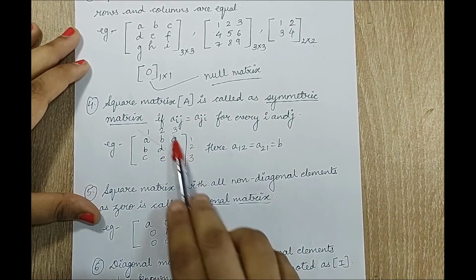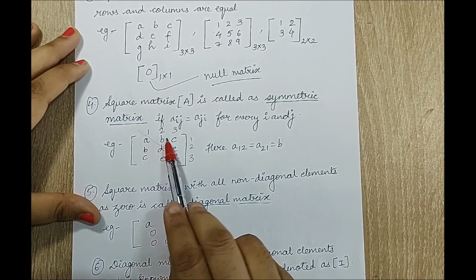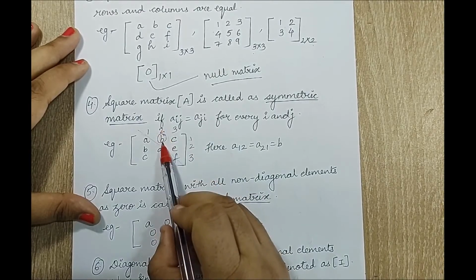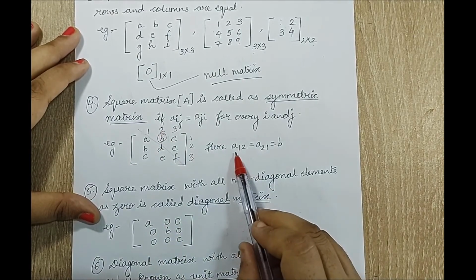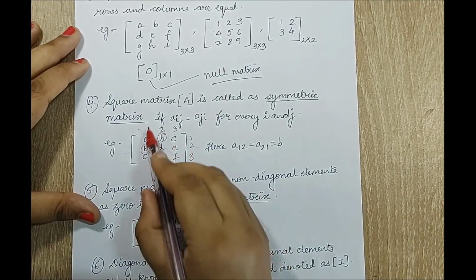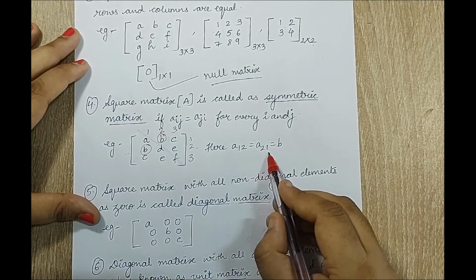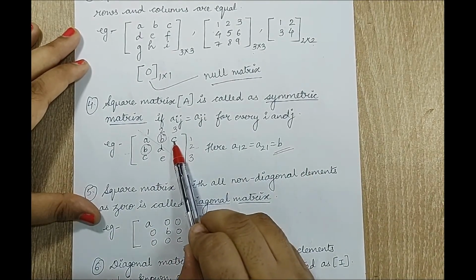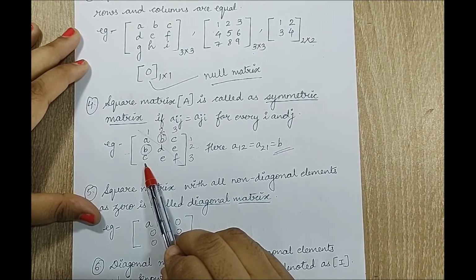So when I have 3 rows, 3 columns, if I observe this element B, I can see its position is first row, second column. So I can say it is A1, 2. Similarly, this B is in second row, first column. So it is A2, 1 and the value is B. Similarly, A13 and A31 have the same value.